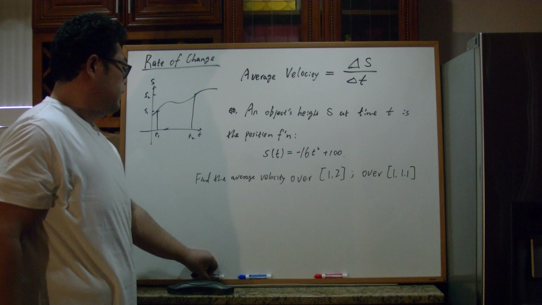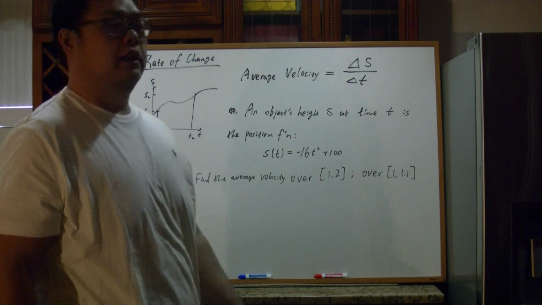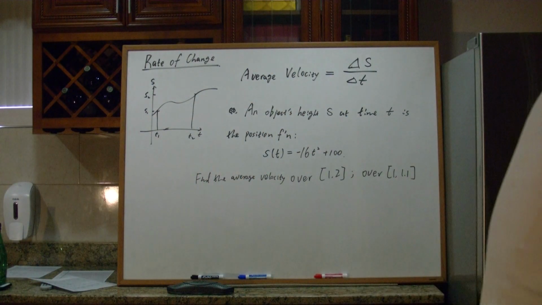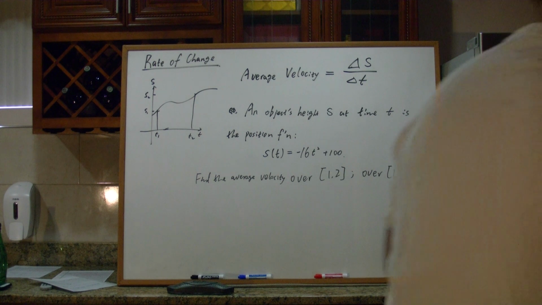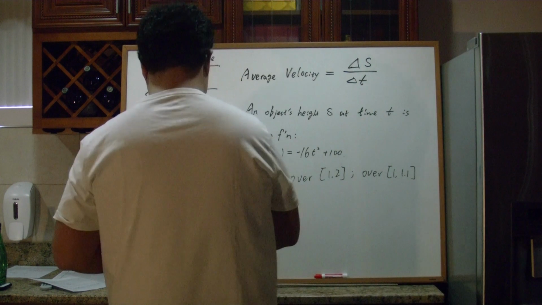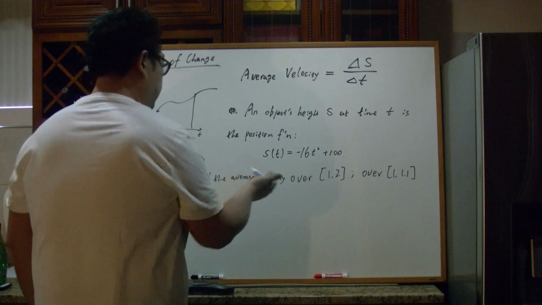Average velocity is the difference of the position over the difference of time. Three things we need to find.